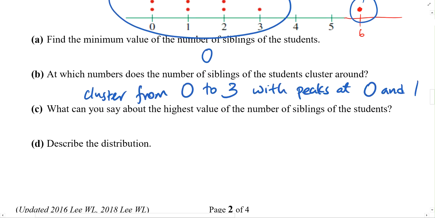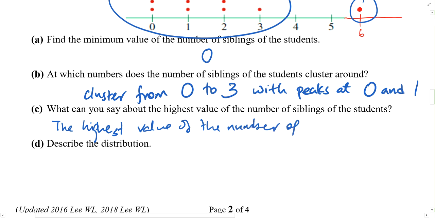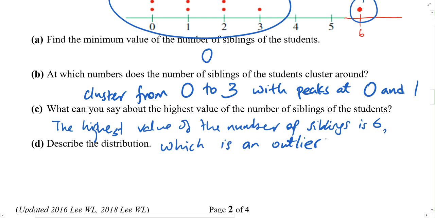Okay, so the answer will be: the highest value of the number of siblings is 6, which is an outlier, or extreme value.